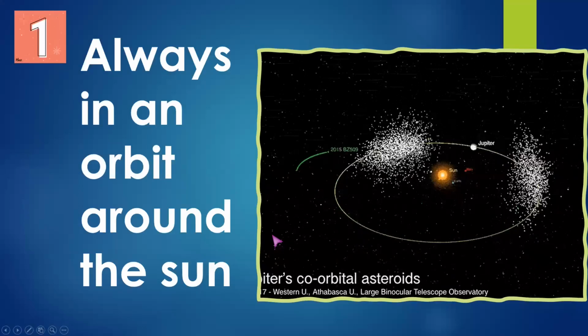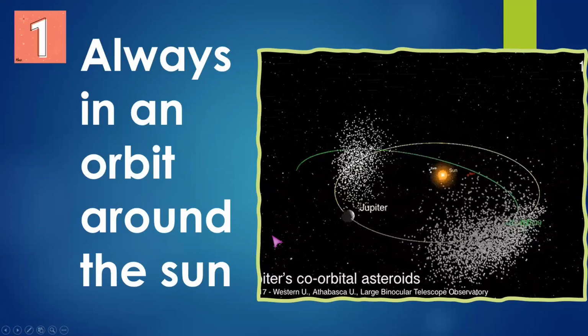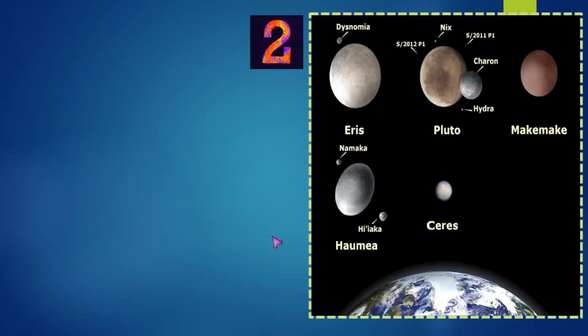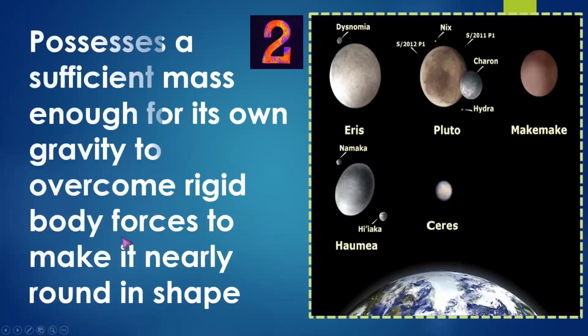It includes the following characteristics. Number one, always in an orbit around the sun. Number two, possess sufficient mass for its own gravity to overcome rigid body forces to make it nearly round in shape.